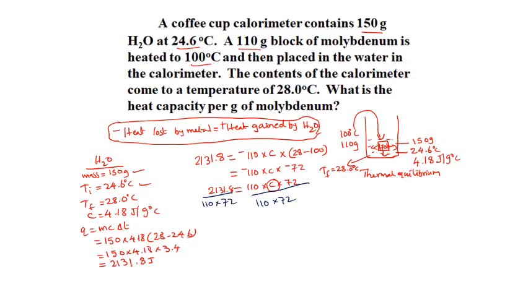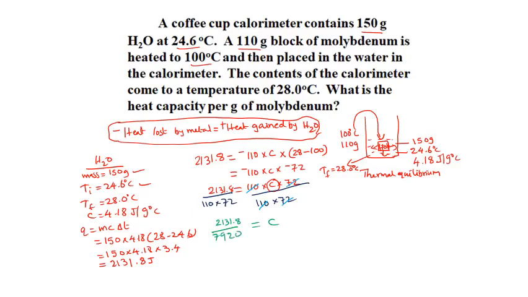So we can cancel 72 and 72, 110 and 110, and we can get our C value, which is just going to be 2131.8 divided by 110 times 72, that equals 7920.